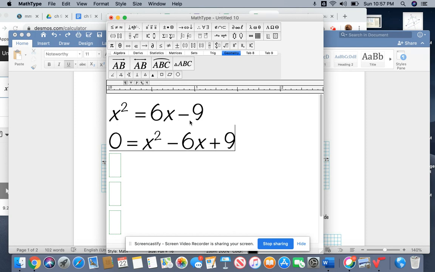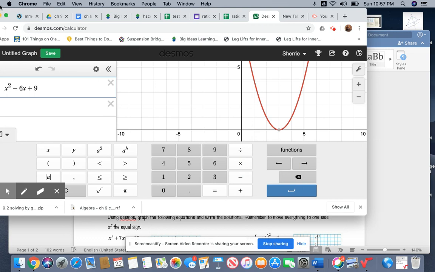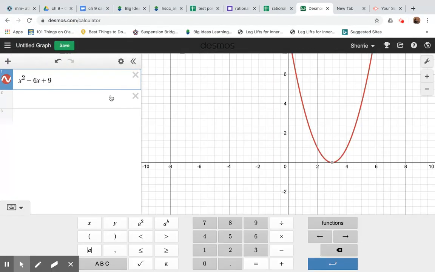Why does it not matter? Well, let's take a look. Graphically, those were two different equations. But as far as the solutions are concerned, they aren't. So let's sneak over here to Desmos and get a good idea of what this will look like. So here's x squared minus 6x plus 9, the one that I found easy to graph.